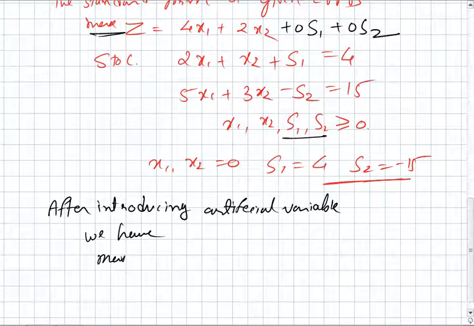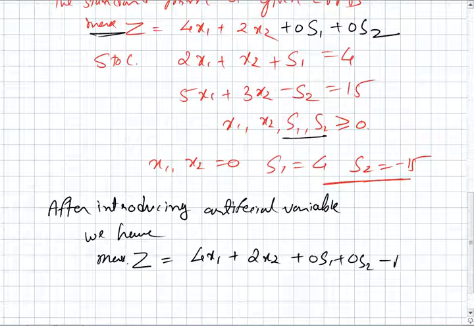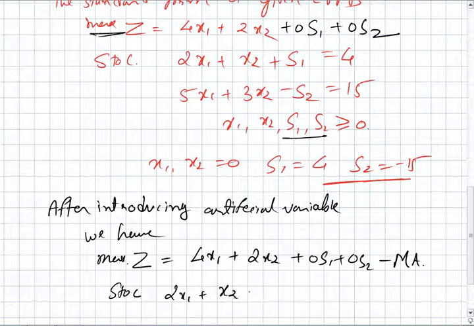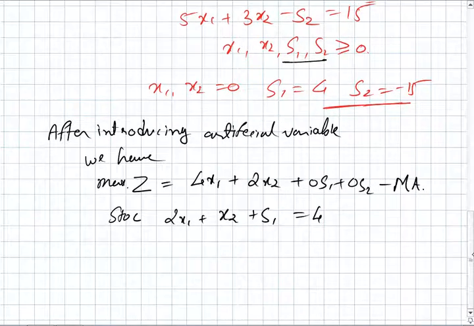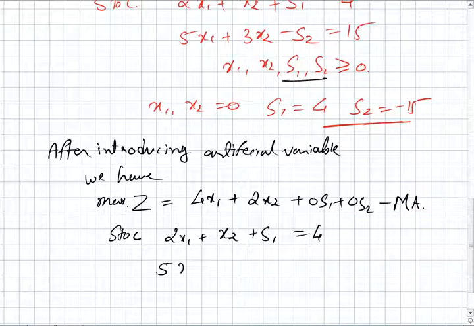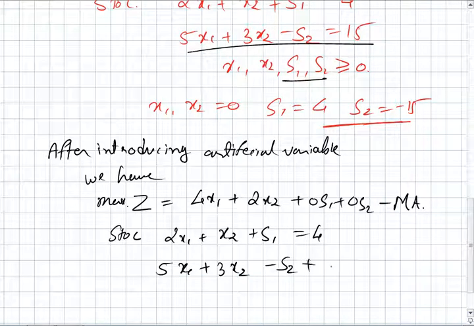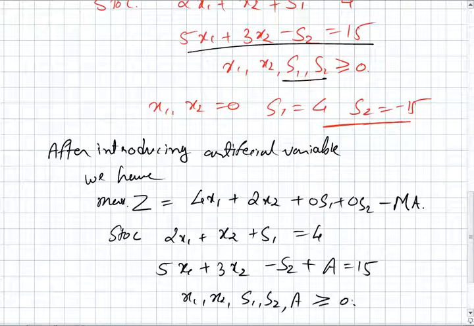So maximize z equals 4x1 plus 2x2 plus 0 s1 plus 0 s2 minus M times the artificial variable a, subject to 2x1 plus x2 plus s1 equals 4, and in the second constraint we add the artificial variable: 5x1 plus 3x2 minus s2 plus a equals 15. Here x1, x2, s1, s2 and a are non-negative.